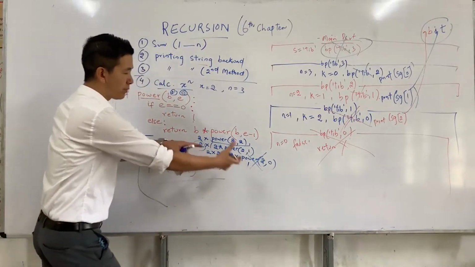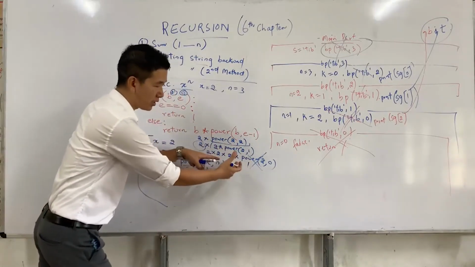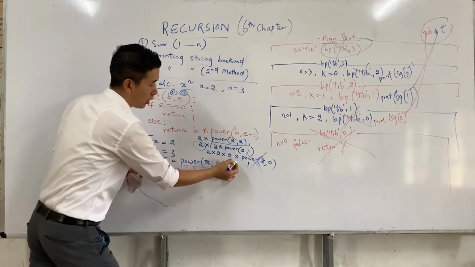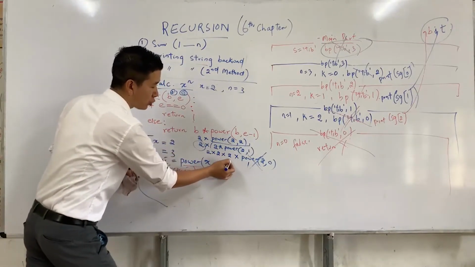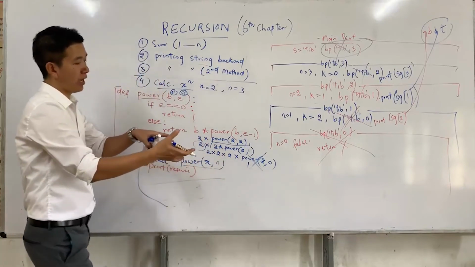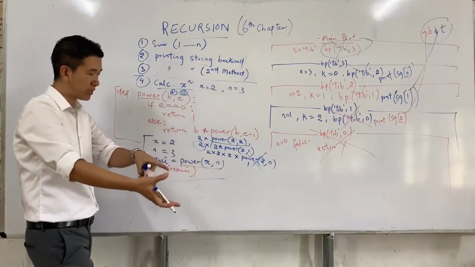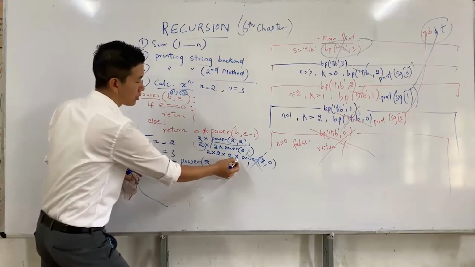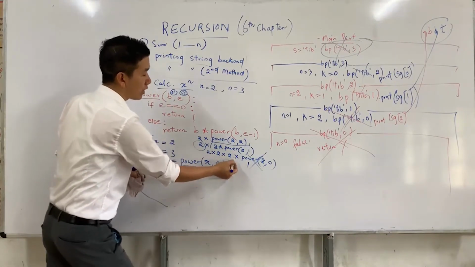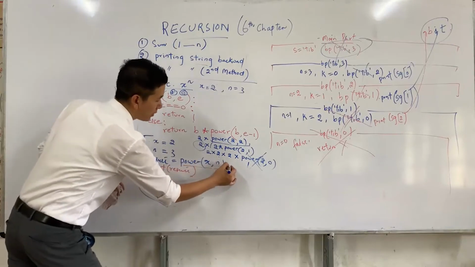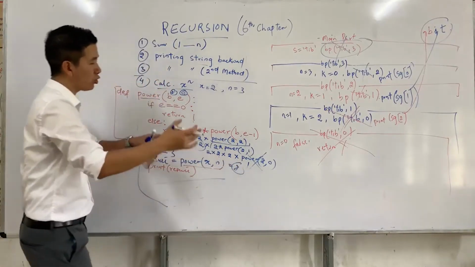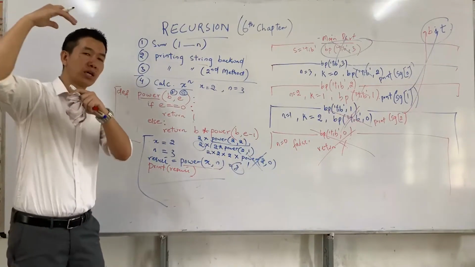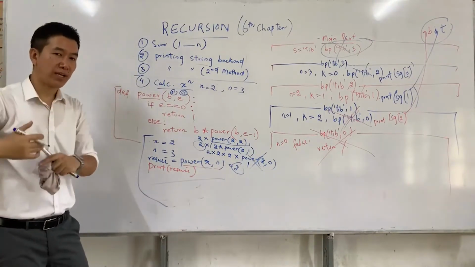And then it will keep returning. The 1 will be returned in the final call, as a result of which 1 will be multiplied with 2, and then 2 as a value will be returned back to this. Okay, 2 times 2 times 2 will be 8. So the value will keep on getting returned from the individual frames of the stack.